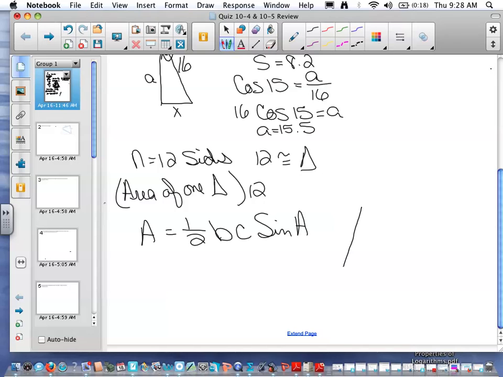We know that the radius for this is 16, so both of those sides are 16, and this central angle measure is 30. So you can substitute those in.